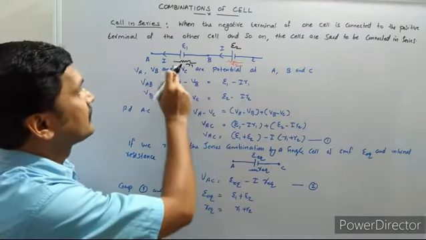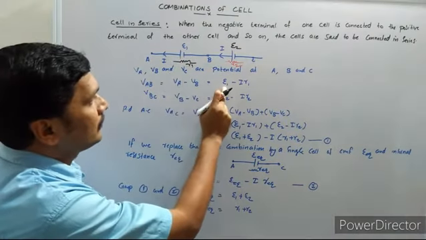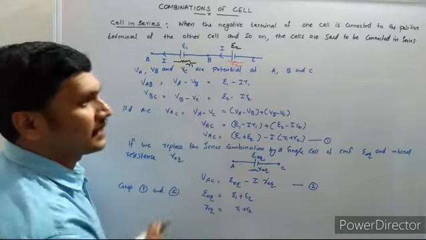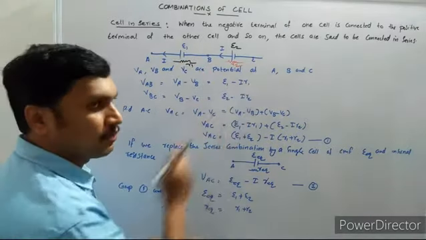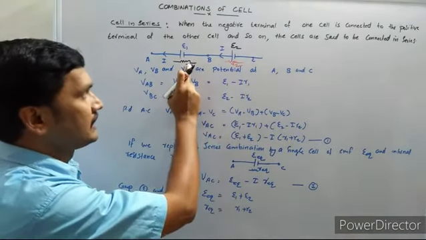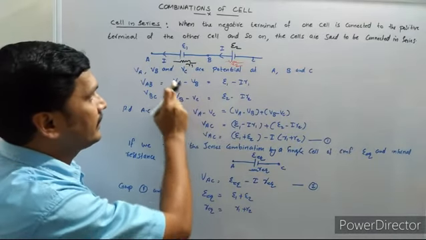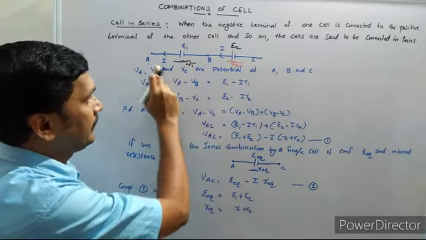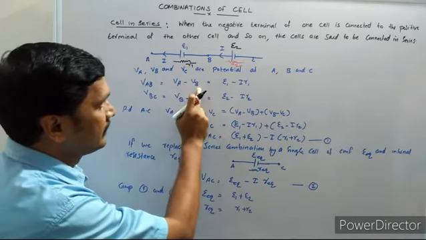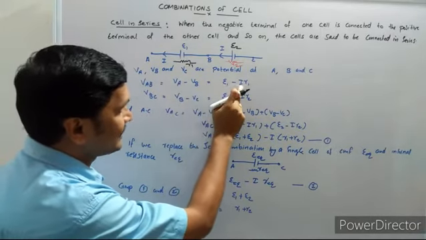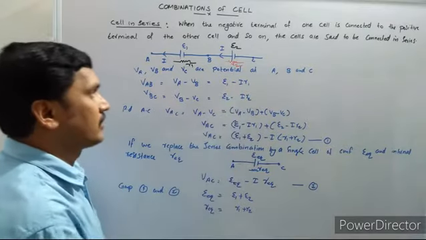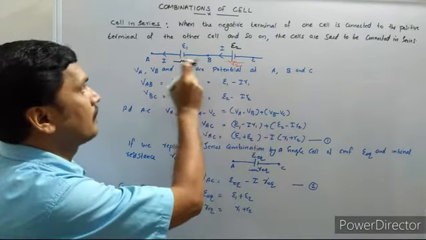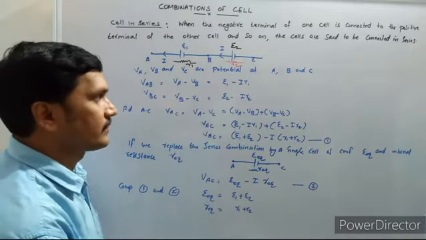So we can write it as the EMF minus the potential drop across the internal resistance, that is I into R1, where R1 is the internal resistance of the cell. So VAB, the potential difference between A and B, is VA minus VB, which is equal to E1 minus IR1. That is, potential difference is equal to EMF minus the potential drop across the internal resistance.